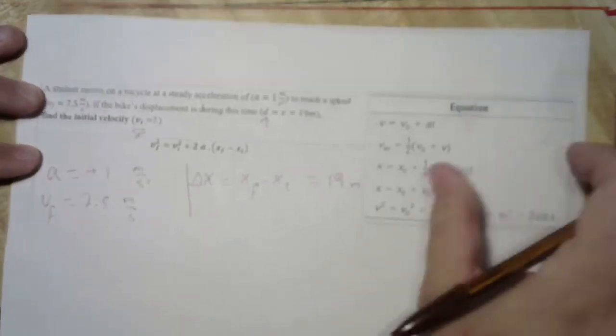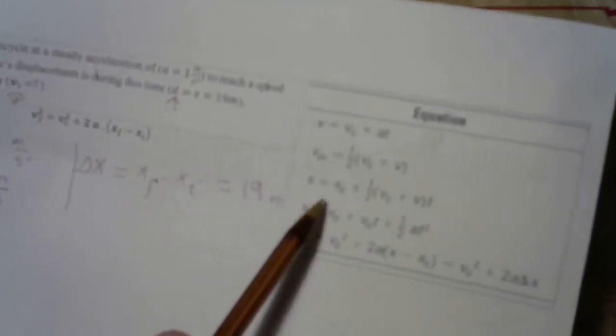Look, the first equation does not have the change in position. The second one, I also can't find the change in position. The third one has the position and the velocity and the time.